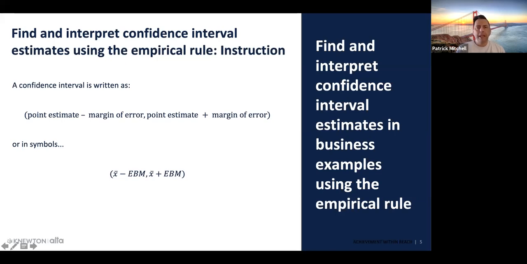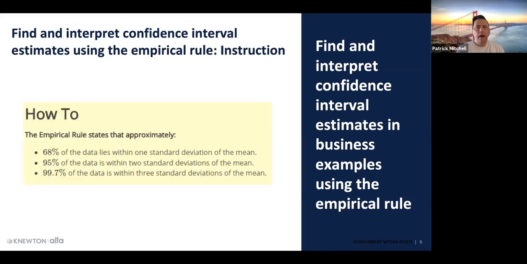That sample mean is going to be right in the middle of the confidence interval, and then you're going to calculate a margin of error, which your book calls EBM, and I think that stands for error bound margin. And then you can say something like, we are 95% confident that the interval from, let's say, 40 to 50 contains the true population mean.